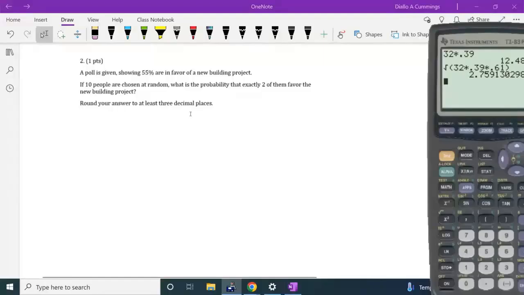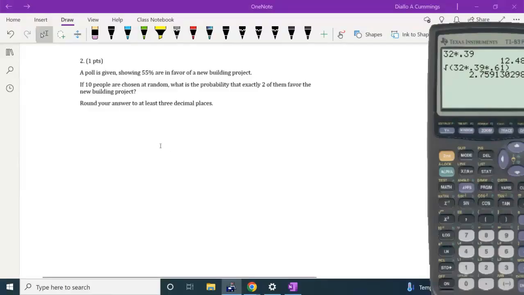Round your answers to 3 decimal places. All right, now for this problem, notice it says that we're choosing 10 people. We're not choosing that one person. That does not necessarily make this a sampling distribution, because if it's a binomial, it's a binomial. But if it's the standard normal, then we can consider it as the sampling distribution.